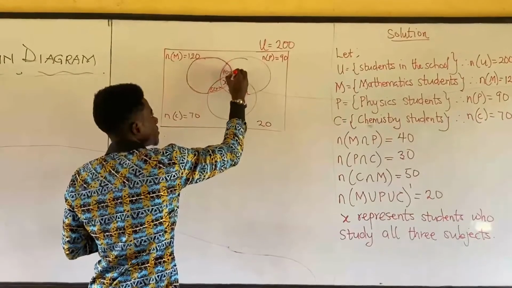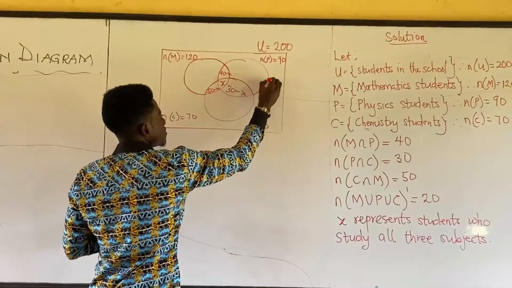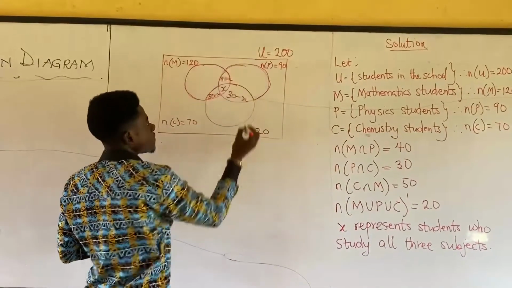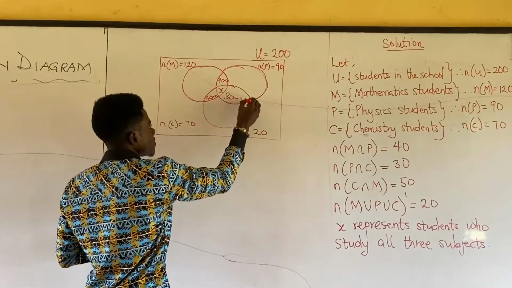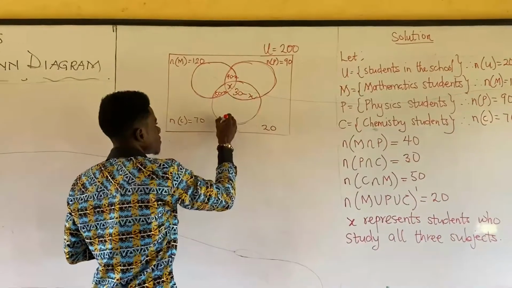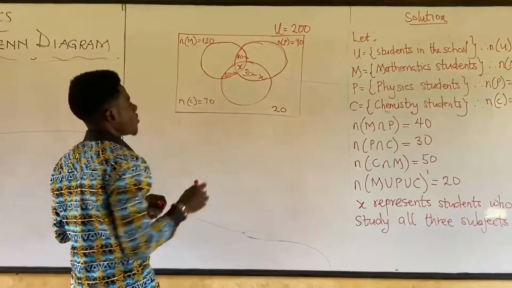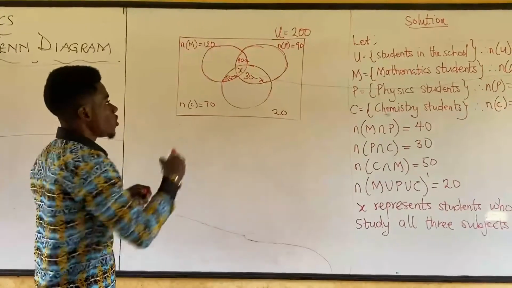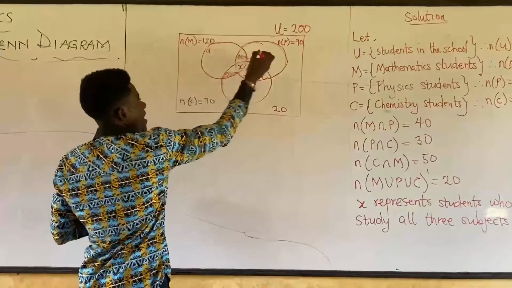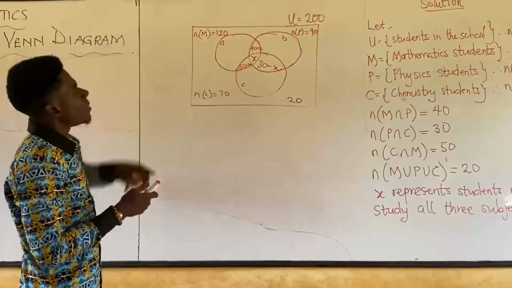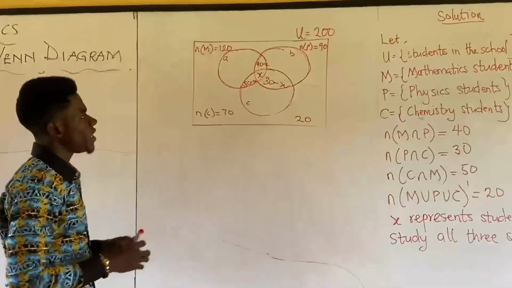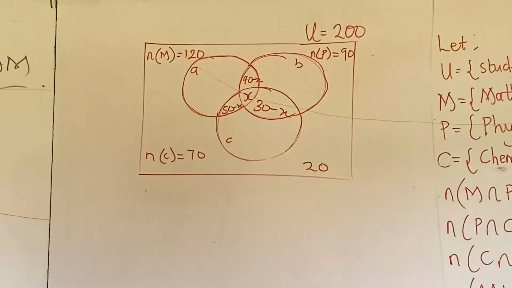This region is for physics only, and this region is also for chemistry only. So you can let variables A, B, and C denote mathematics only, physics only, and chemistry only respectively.